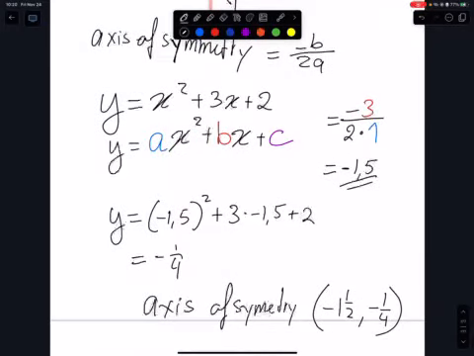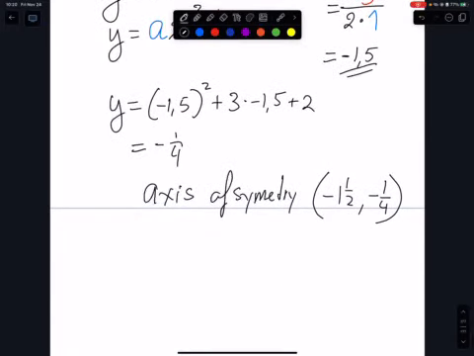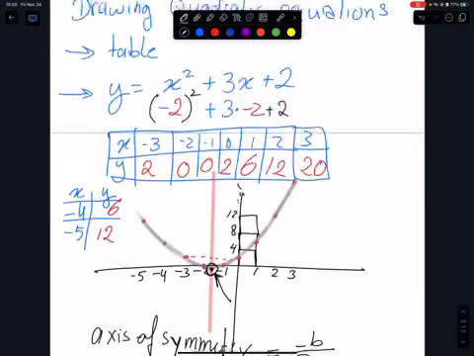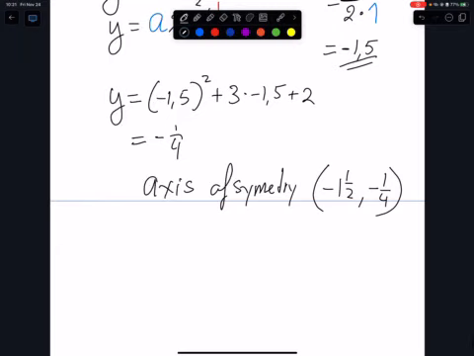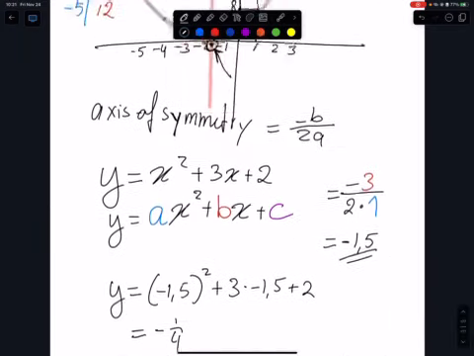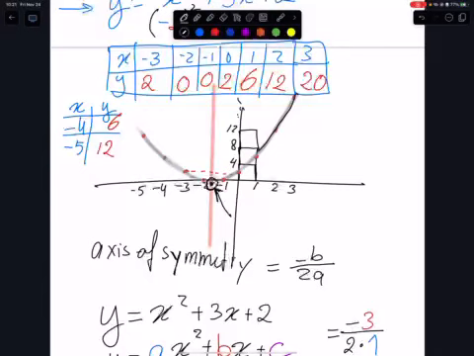Axis of symmetry, and the last thing are the 0 points. What are the 0 points? Find the intersection of the function with the x-axis. I would like to know at which x values this line intersects with the x-axis.